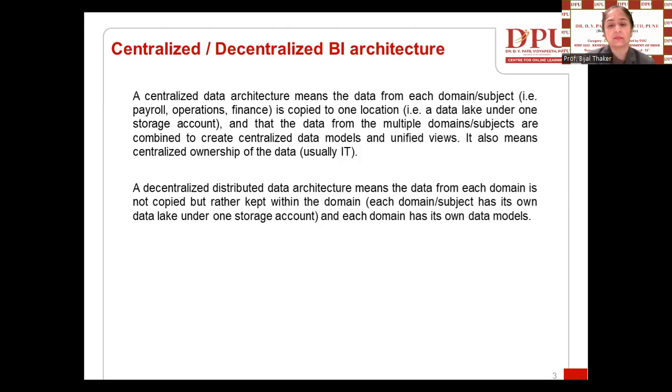So some uniformity is not maintained over here. In a distributed or decentralized pattern, distributed data ownership will be there. Each domain, each sector, each department will have their own data. They will be the owner of their data.